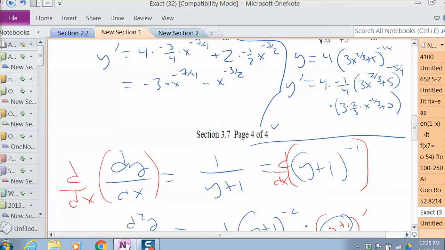And if we clean that up, there's a lot happening here. That should just be negative on the outside, (3x to the 2/3 plus 5) raised to negative 5/4, times 2 times x raised to the negative 1/3 power. So that concludes page 4 of the section 3.7 notes.